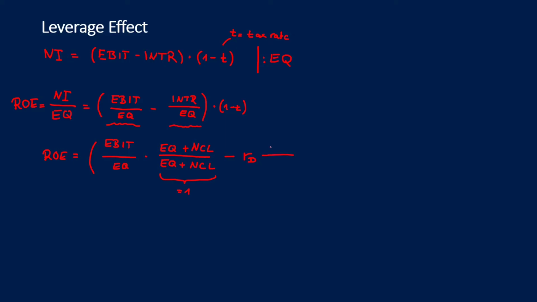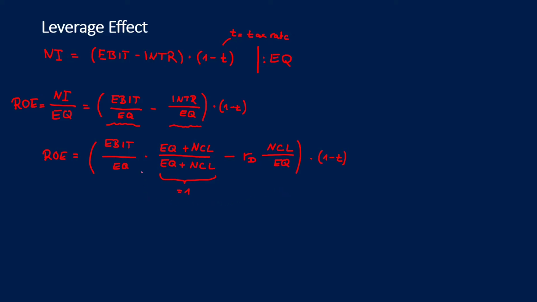And here we have the non-current liabilities again divided by the equity. So you see that interest rate times interest-bearing debt, that's the interest amount. So this is exactly the same. And again times 1 minus t.